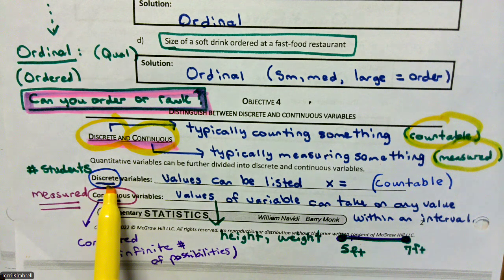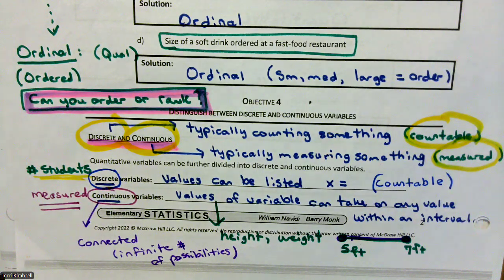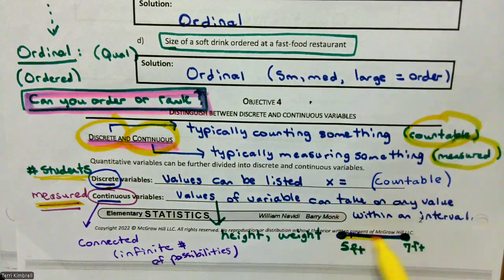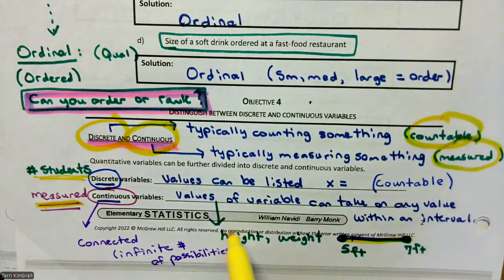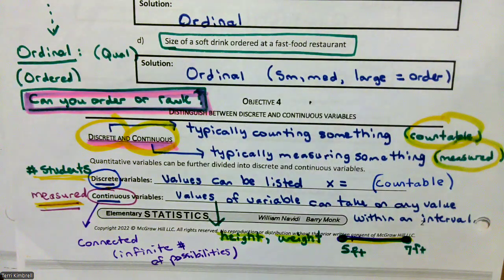So when you're counting something, we could count the number of students in a classroom. Those can be listed 1, 2, 3, 4, so forth. That would be considered discrete. If it is continuous, we are measuring. They can take on any value within an interval. So when you're dealing with height, weight, those things that are measured would be something within an interval.